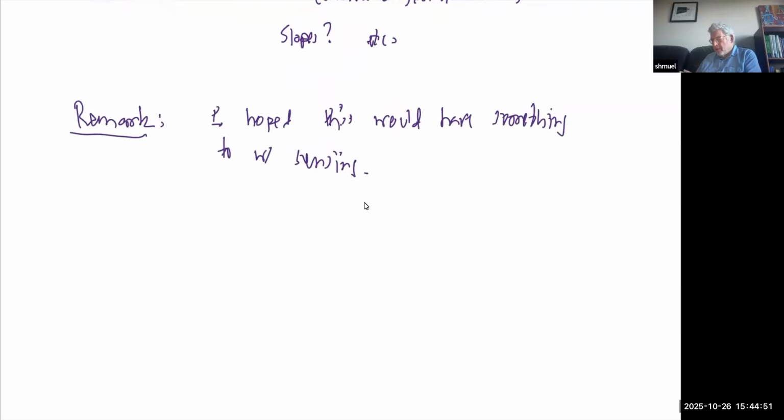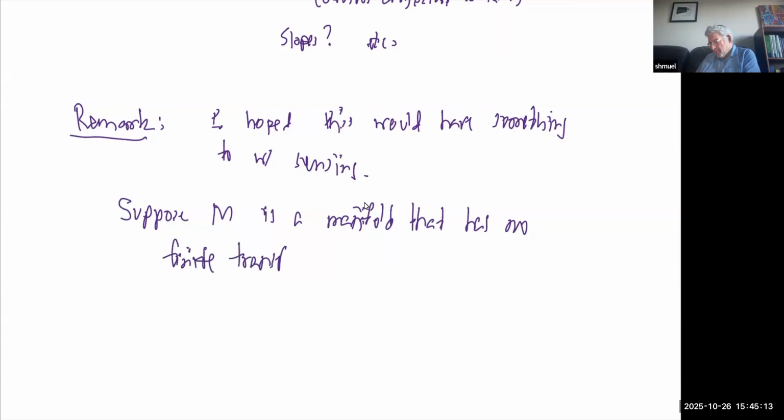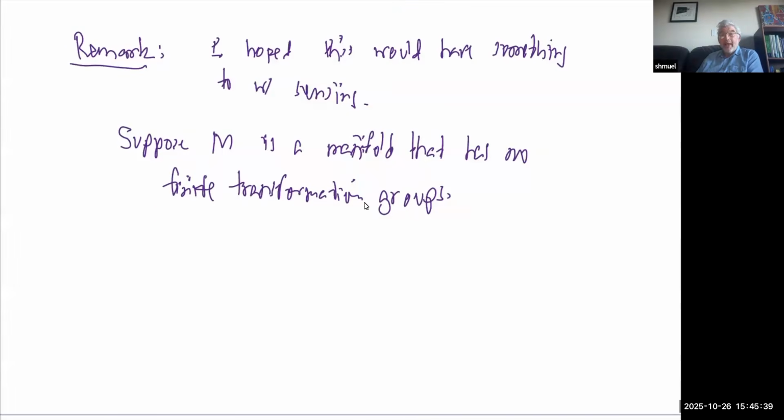For example, suppose M is a manifold that has no finite transformation groups. Okay, there are such manifolds. I think they were discovered in the 1970s. I think it's a paper of Connor, Raymond, and Weinberger, where the Weinberger is not me. So there are such manifolds, and for manifolds like that, you could think about B diff of M.